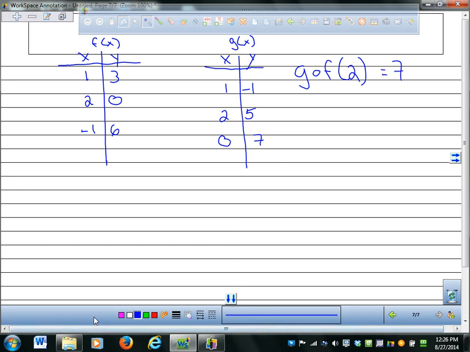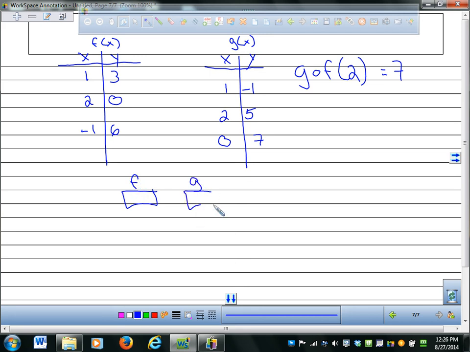Do you see where he got that from? For f of 2, I have to look at the function f. There's some machine, right? Here's the f function, and here's the g function.